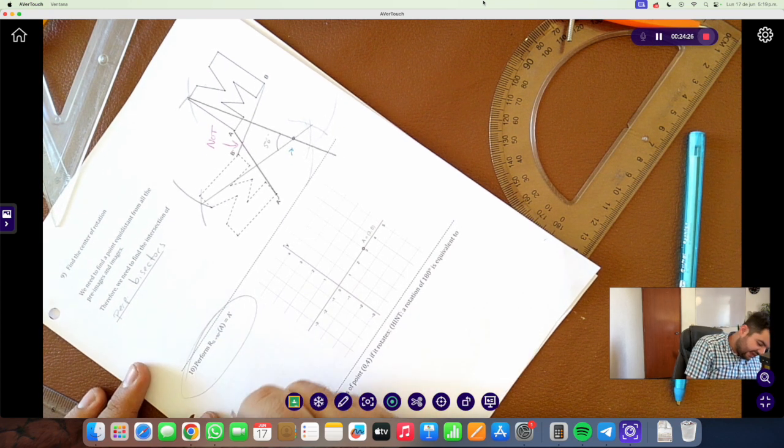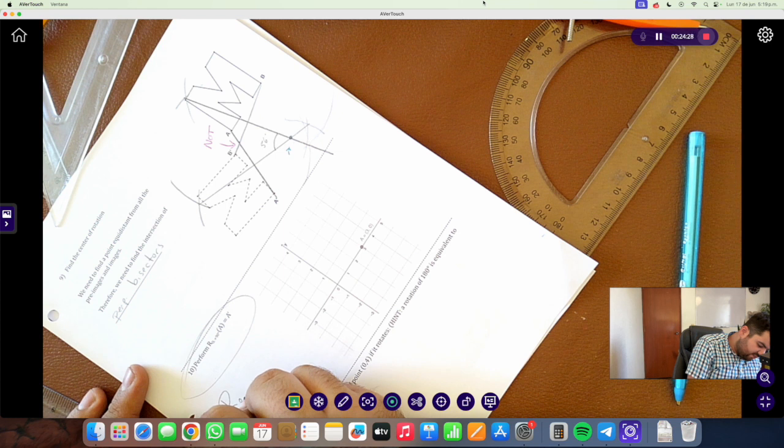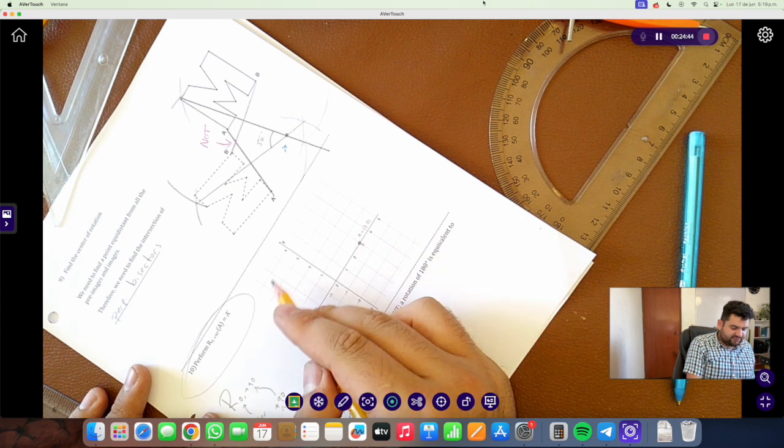Okay, this is a way of describing a rotation. R0 plus 90 means the center of rotation is the origin, and we will do it 90 degrees anti-clockwise, no? Because positive goes like this.